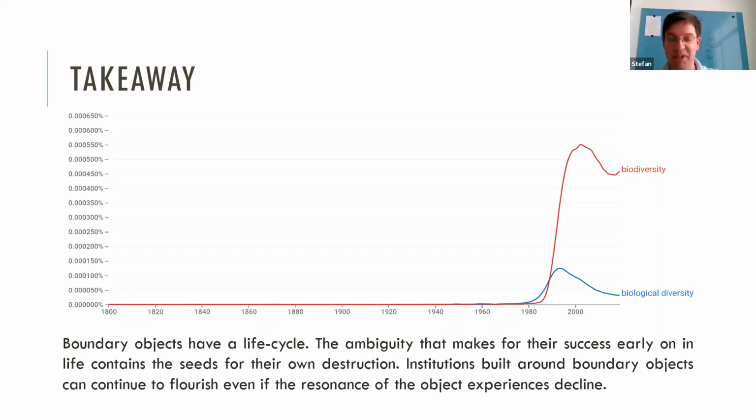I'm actually a big fan of biodiversity conservation, and I got into this more small-scale tracing of one word after working on the development of bird conservation in Britain and Germany in the 19th and 20th century, the book that Paola already mentioned. And of course, it has a long history, even before the word biodiversity was used.